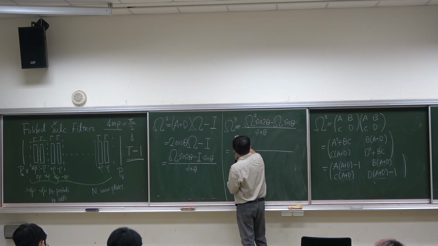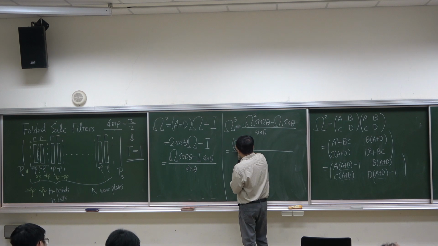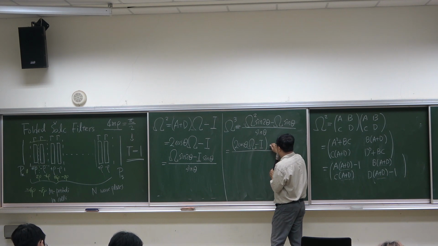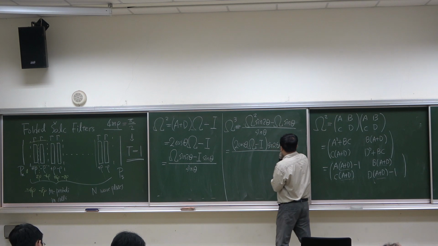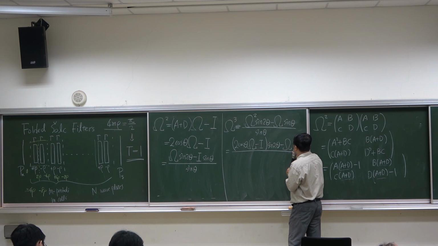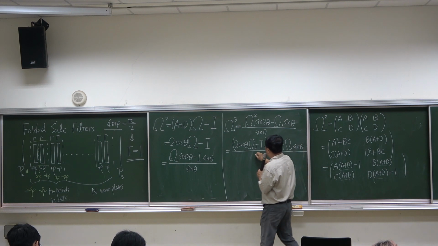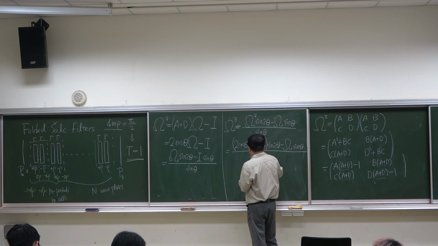So we have 2 cosine theta omega minus the unit matrix times sine 2 theta minus omega sine theta over sine theta.